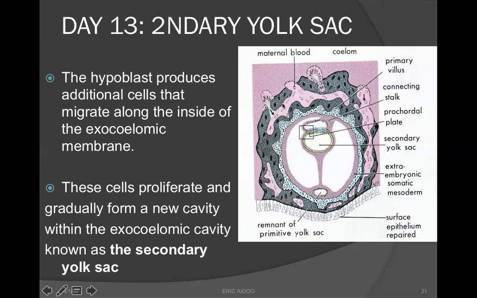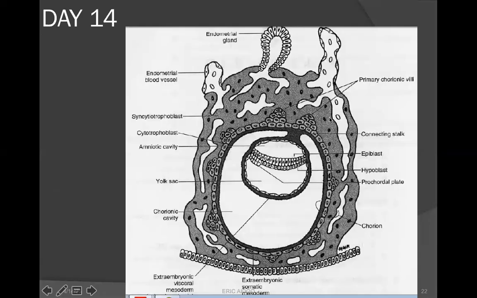You can also see that maternal blood has now filled the lacunae within the syncytial trophoblast, establishing the placenta. Then you can also see the connecting stalk where there's no splitting of the extraembryonic mesoderm. It becomes the connecting stalk and then the umbilical cord eventually. So this is what you see. Now you still have epiblast, hypoblast.